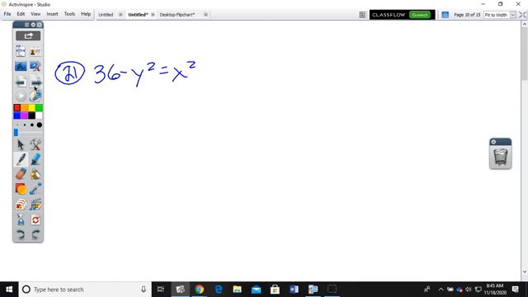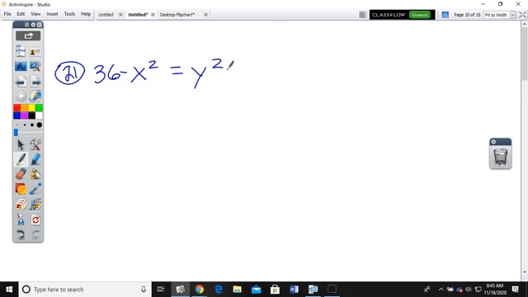The question says write it in standard form. Our equation itself is 36 minus x squared plus y squared. I see, that's why I wrote it incorrectly. My bad. So you do move x, yes. I'm sorry, I didn't realize I wrote it wrong. So that's the question in the book?